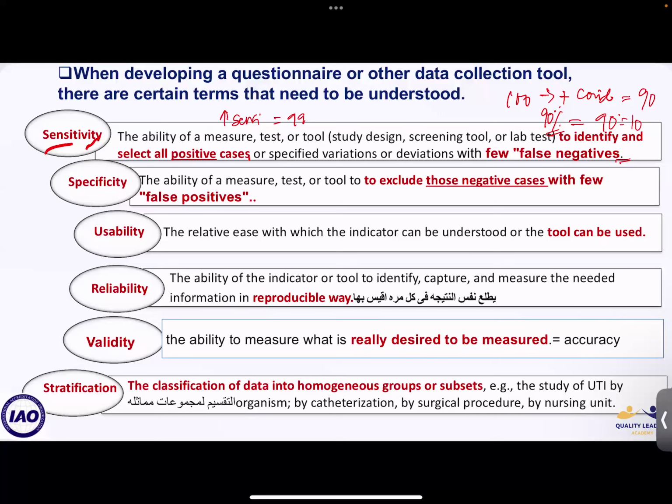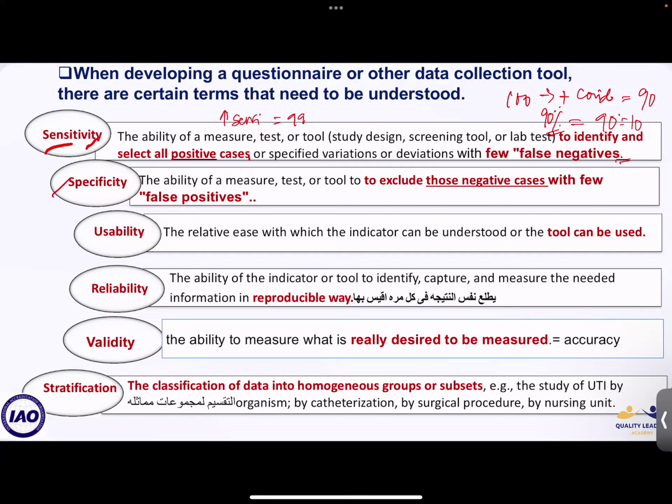Okay, that is sensitivity. What about specificity? It is the ability of the system to exclude all negative cases with few false positives. It identifies how well the tool excludes the negatives.